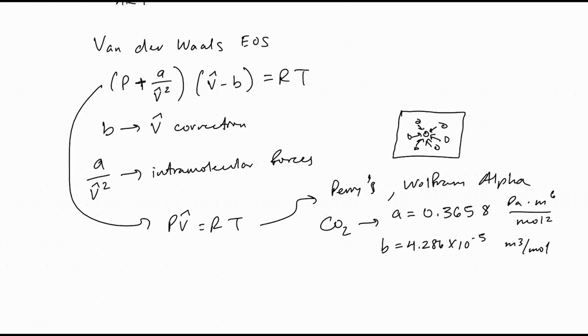So let's actually go through a practice problem here. I want you to suppose we have 1 mole CO2 at temperature equals 320 Kelvin, pressure is equal to 10 megapascals.